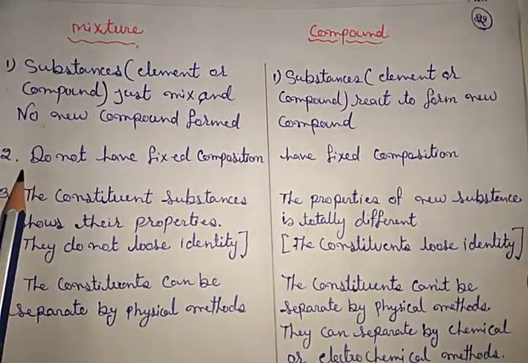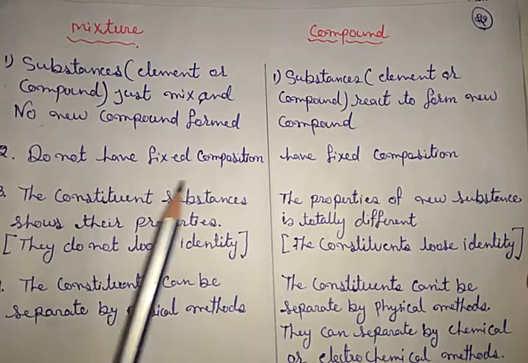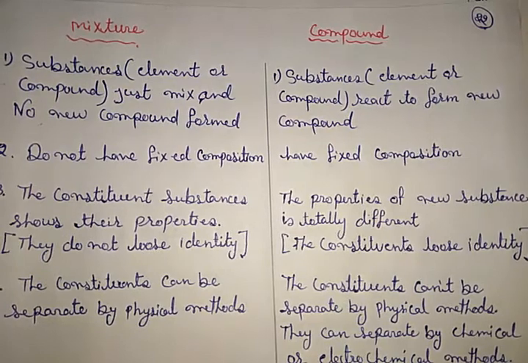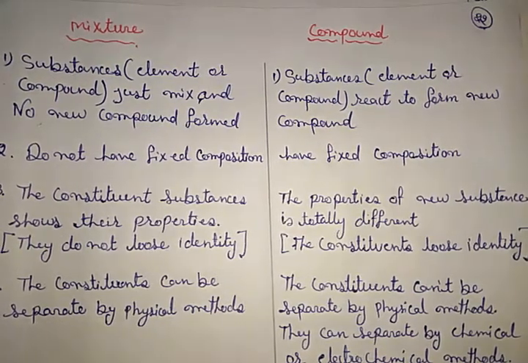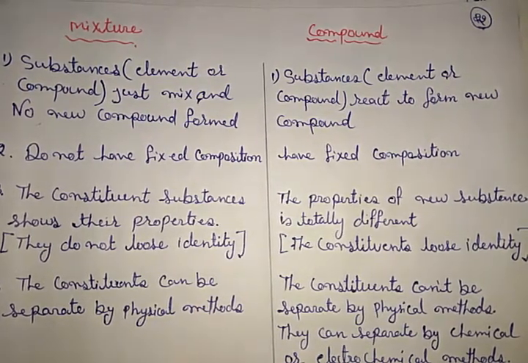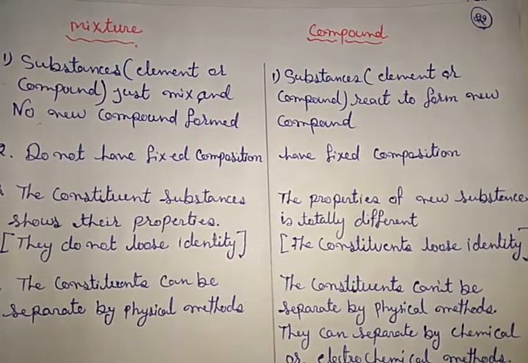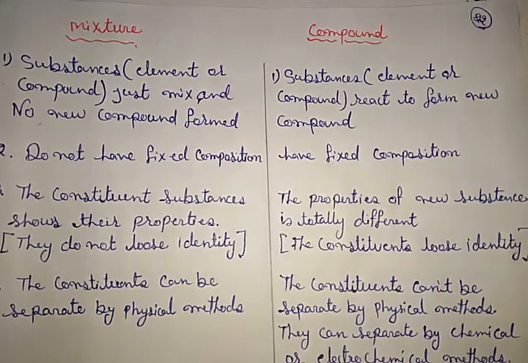Now, second, a mixture does not have a fixed composition. In a mixture, the substances can mix in any ratio. That depends on us; we can take 50 and 3, or we can take 40 and 2. That's a matter of our choice.